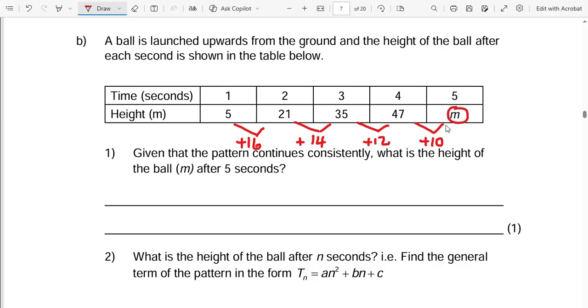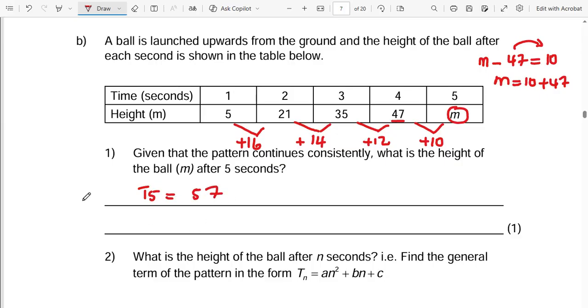To find M, we take 47 and add 10, because when we find the difference, we subtract the previous number from the next number. So if we say M minus 47, it should give us 10. But now if you bring the 47 to this side, you are adding. So M will be 10 plus 47. So T5 is 57.